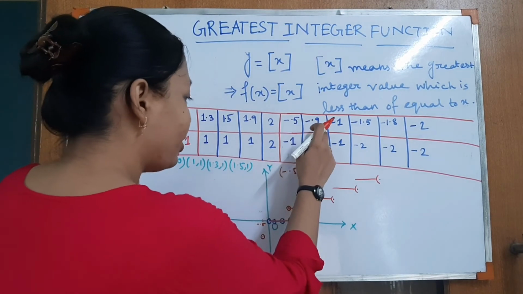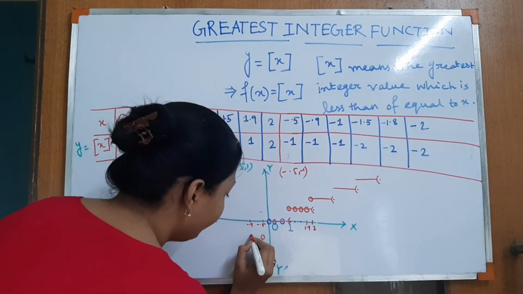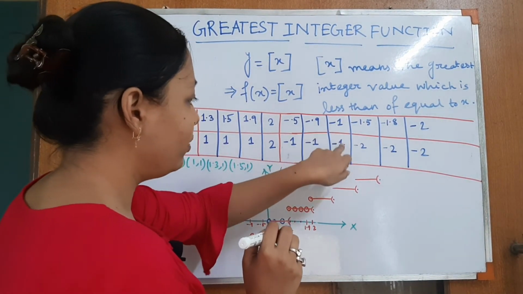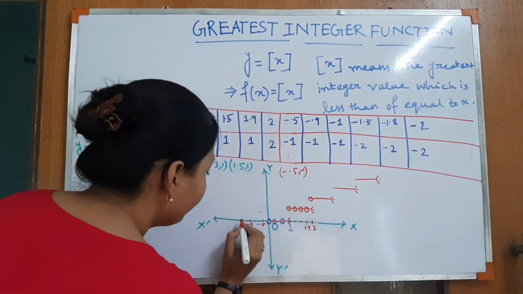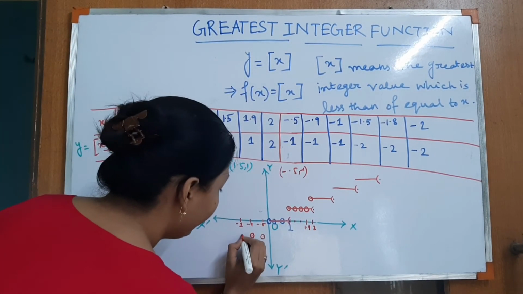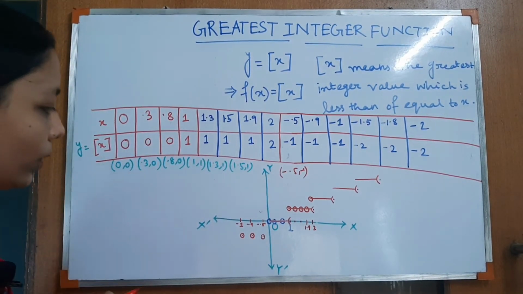Next, for minus 0.9 we get minus 1. So, if we take this point minus 0.9 we also get minus 1. For minus 1 we get minus 1. So, if we take minus 1, then we also get minus 1, okay.